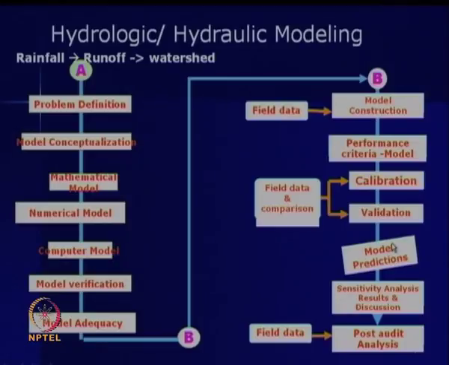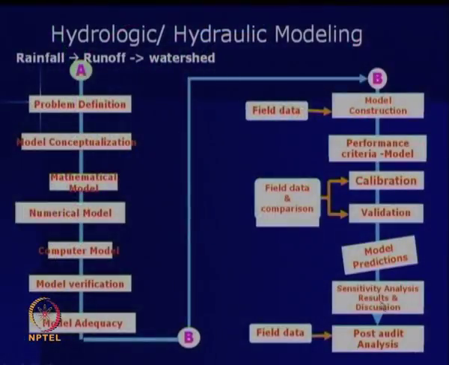For example, if you are going to construct a dam or a check dam at a particular location of the watershed, we have to identify the annual average rainfall conditions, maximum and minimum rainfall conditions, and generate various scenarios: how much water will be available, how much will be the storage possibilities, and what kind of storage is available for the given conditions. All these we can do by running the model for predictions.